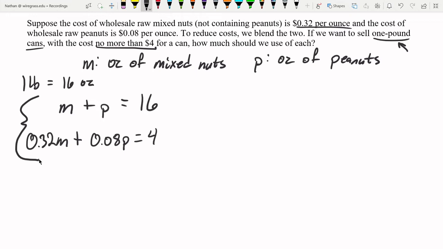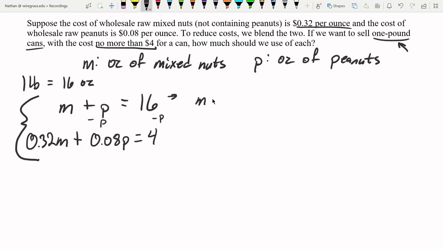Now, to solve this, there's actually quite a number of ways to solve these things. This is what I'm going to do. I'm going to solve this first equation for m. I'm going to subtract p from both sides.